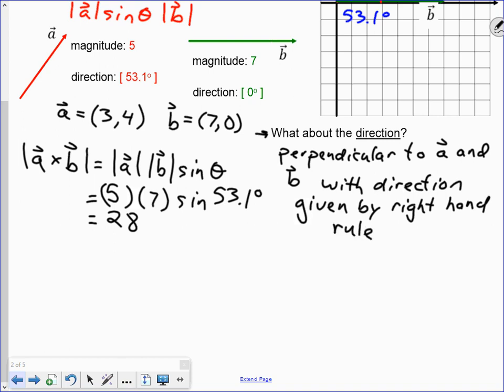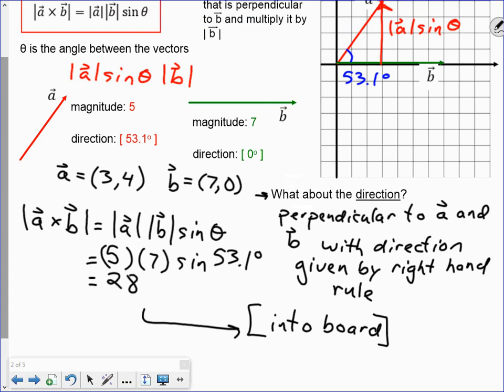So in this case, this is going into the board. So our vector, A cross B, has a magnitude of 28 and a direction going into the board.